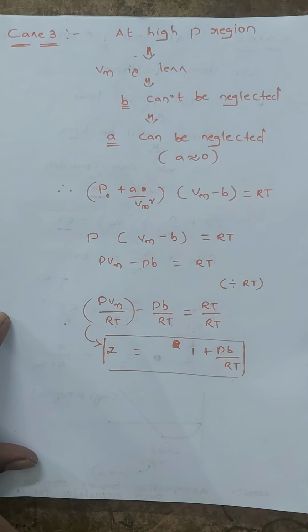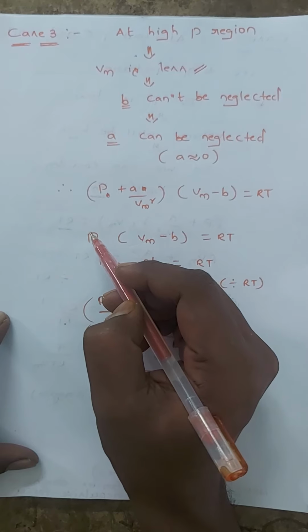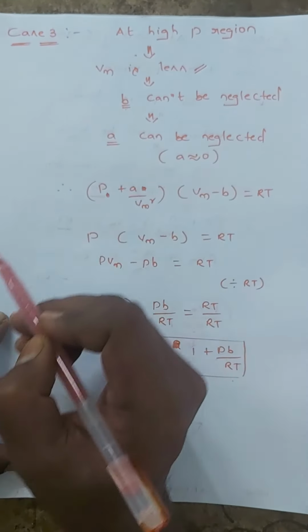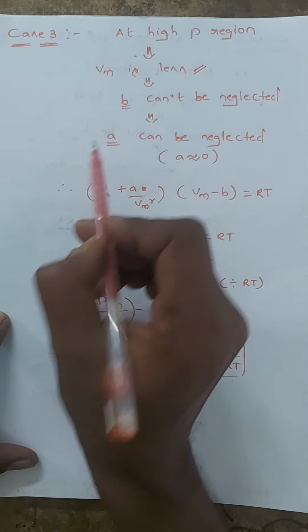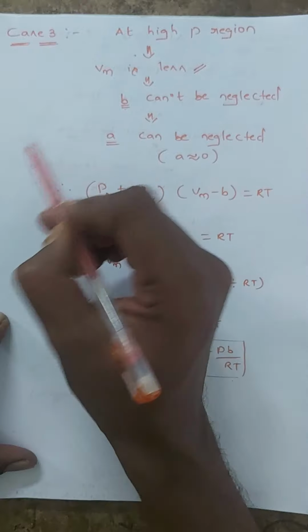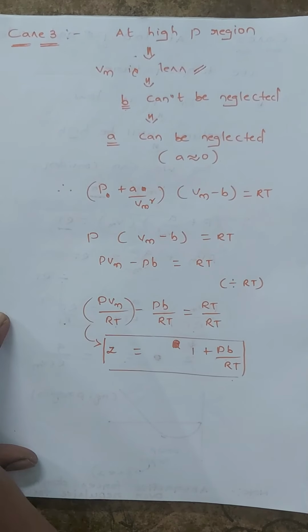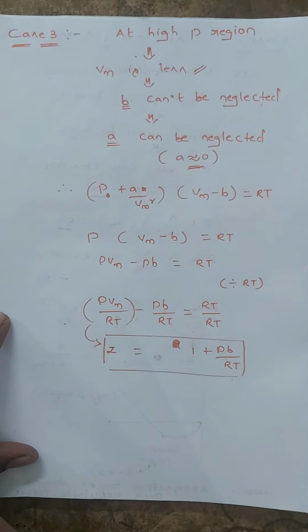At high pressure region, molar volume will be less. If molar volume is less, we should not neglect b, because already the molar volume is less, so we should not neglect the reduced volume. But at high pressure region, a can be neglected.